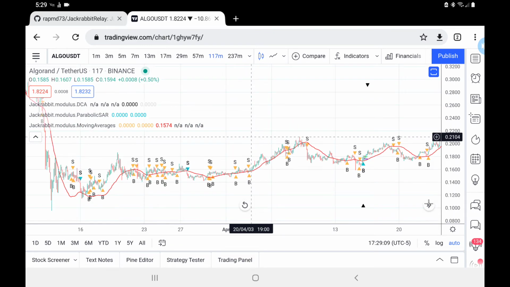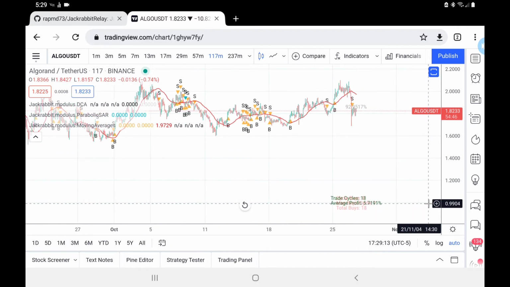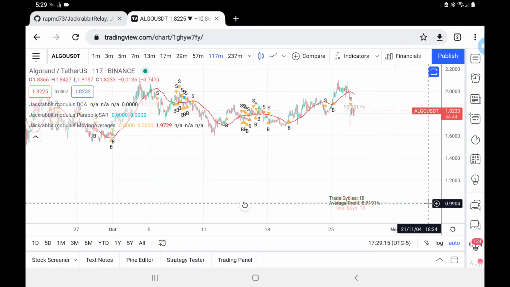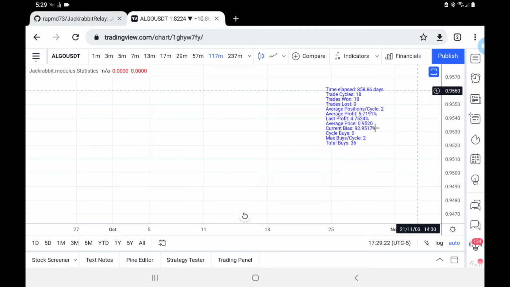You'll also notice limited amount of positions on all of your time frames. Here, it only had 2 positions max on a coin that normally is heavy accumulation.